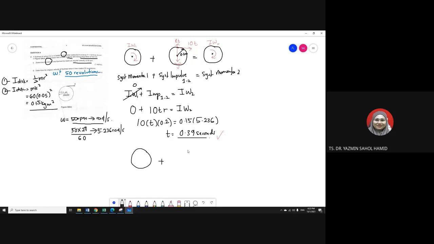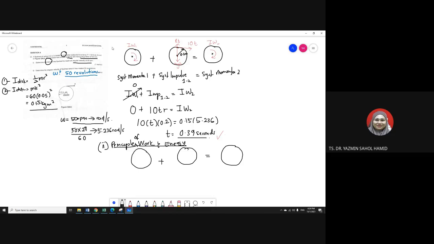So for this question we're going to use the principle of work and energy. This is question number 2.